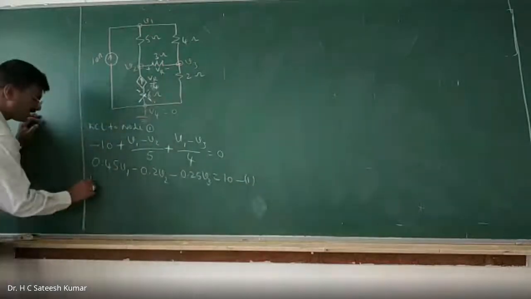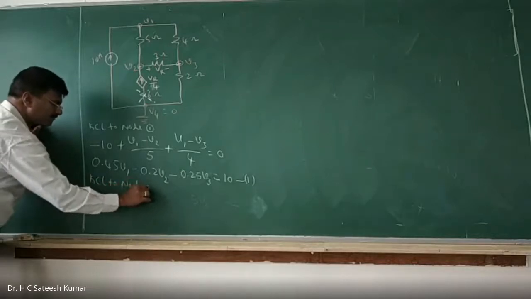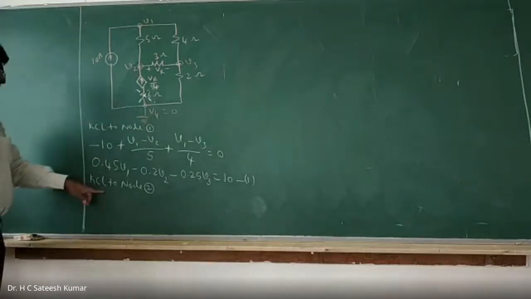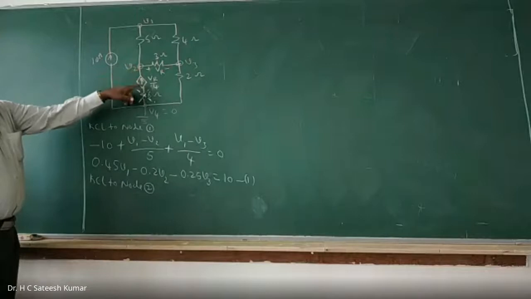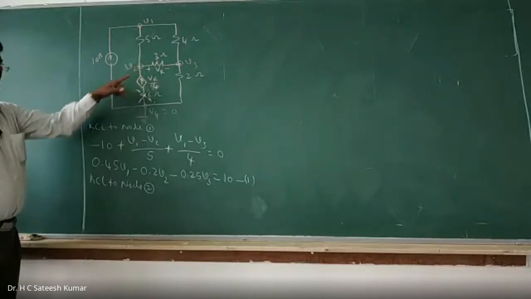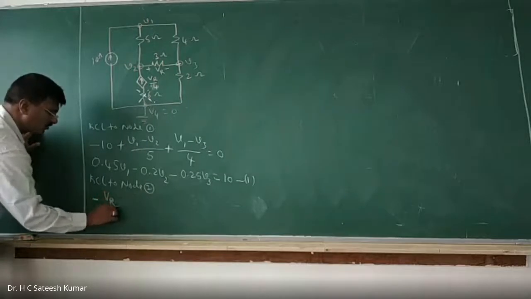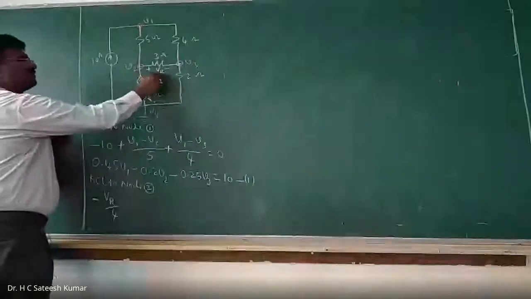Next, KCL to node 2. KCL to node 2, what is that we have? Here, current is entering. Current is entering means what? Minus. Minus VR by 4. Next, this one is for voltage, don't worry about it.